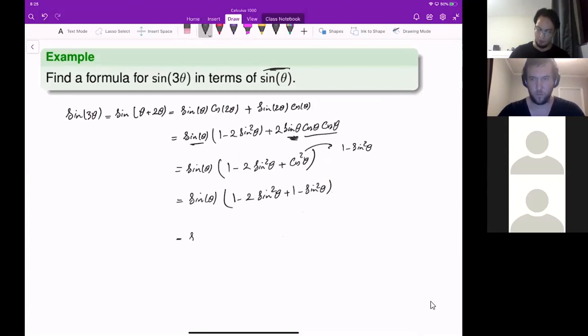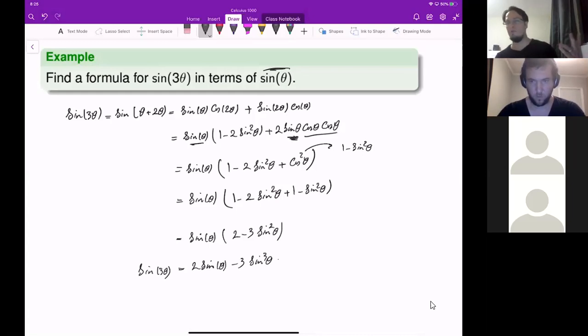And if you put all of them together, you notice that this is 2 minus 3 sine squared theta, and this is 2 sine theta minus 3 sine cubed theta. So we wrote sine 3 theta in terms of sine. And again, I'm just using the formulas. Basically, 2 of the formulas, I'm just repeating them. The rest is just algebra.